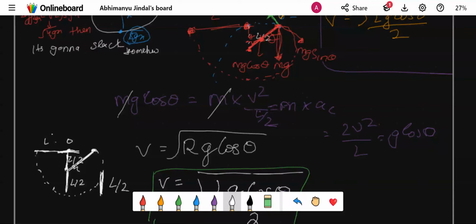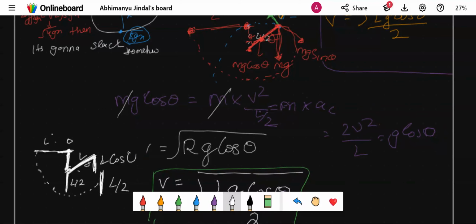And this right here is how mg was acting. So this is theta. So this is L, wait, one second. This right here is L. So now this right here is L cos theta by 2. No, not L cos theta by 2, it's L cos theta.